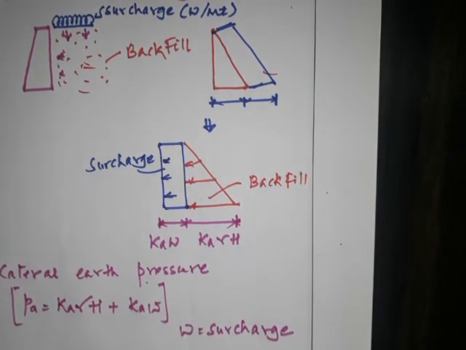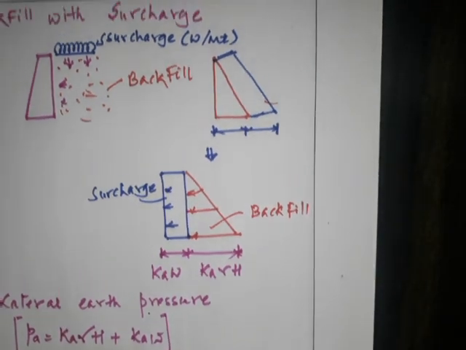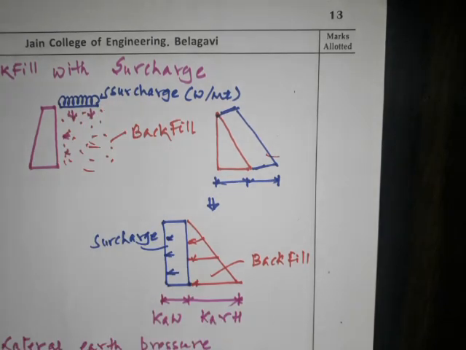Understood? So these are some basic pressure distribution diagrams with respect to the backfill material, whether it is dry soil, or submerged soil, or dry soil with surcharge. Understood?